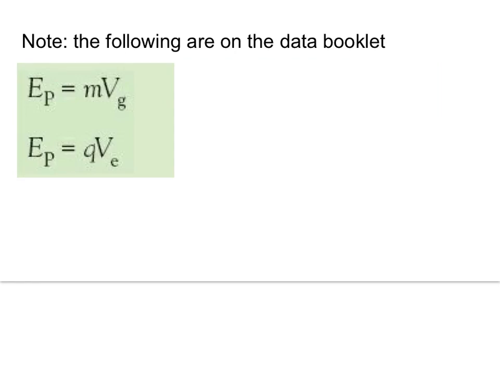So note that both of these relationships are on the data booklet for potential energy and for electrical potential. Now this form is really interesting because you've actually come across it before. The energy of a particle in a field is equal to the charge times its potential difference.